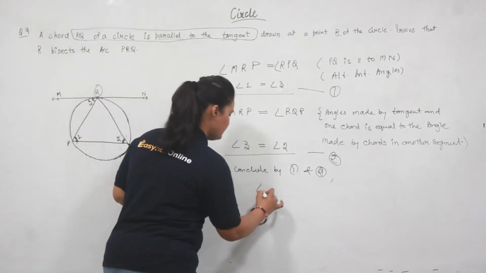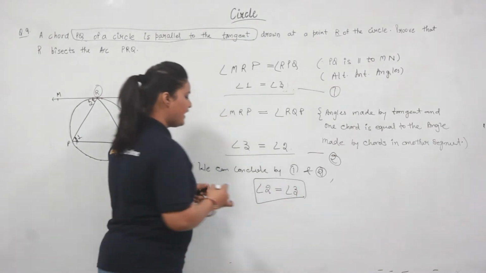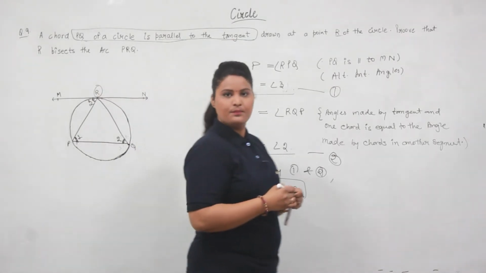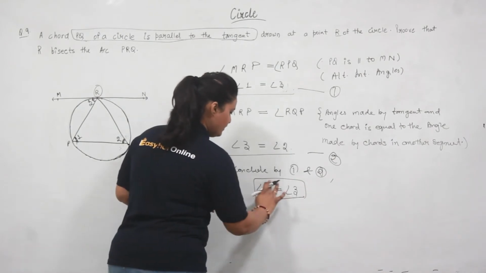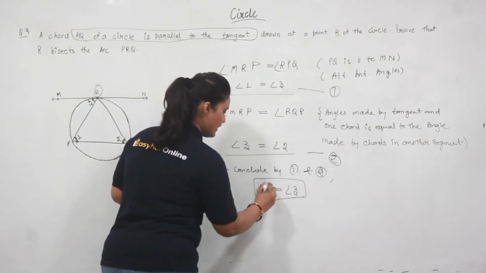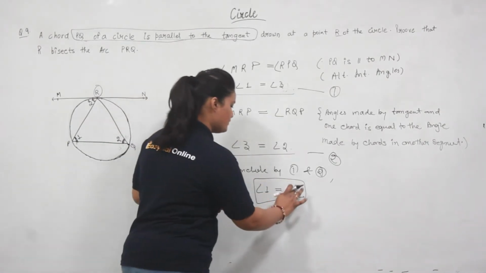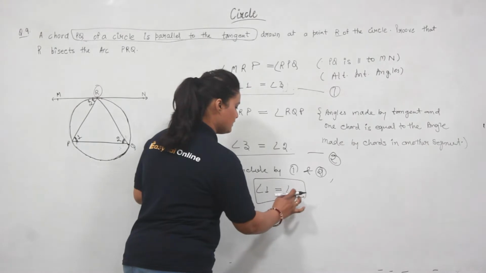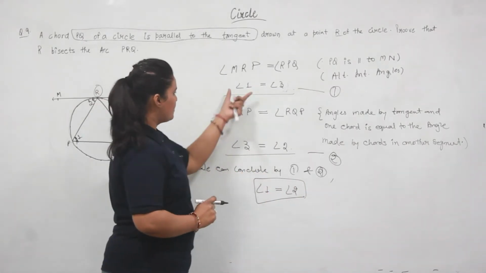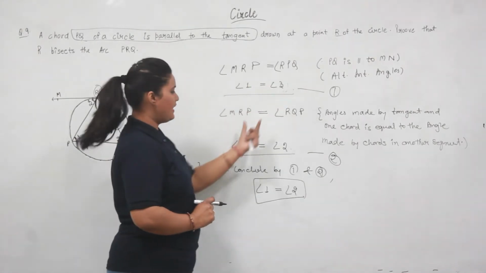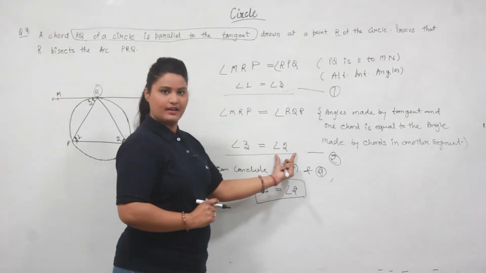That angle 1 is equal to angle 3 and angle 2 is equal to angle 3, because angle 3 is equal to both the angles. That's why I can say angle 1 is equal to angle 2.